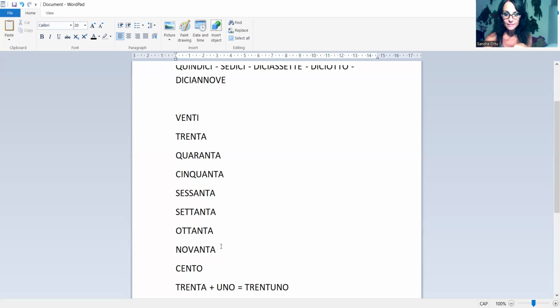All the others, up to 90, end in anta. In fact, in Italy, normally when you turn 40, they say, now you've gone on to the antas. It's not anymore enti or enta, so you're still young. You've gone on to the antas.